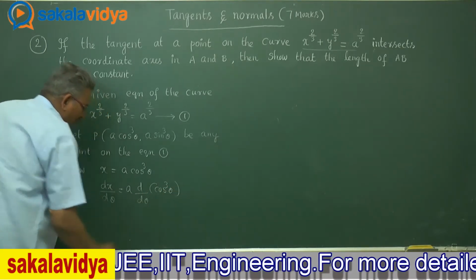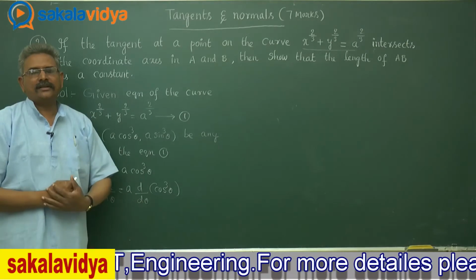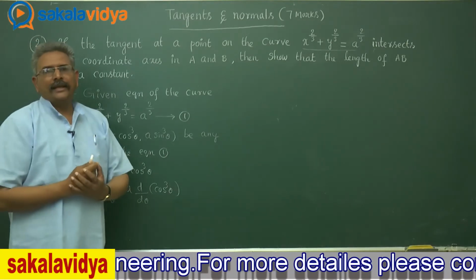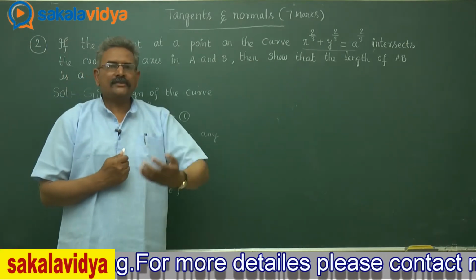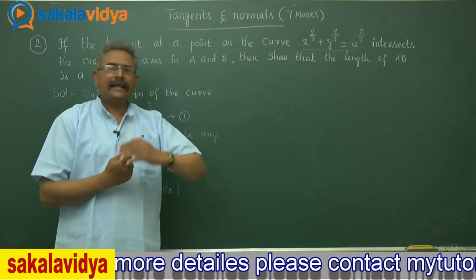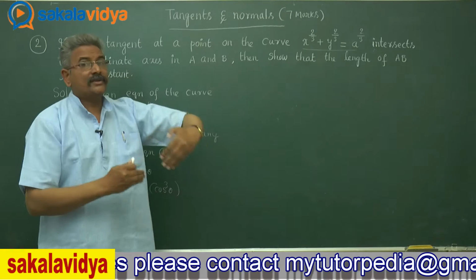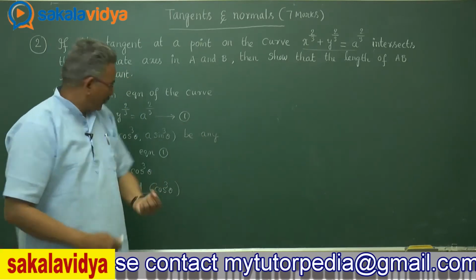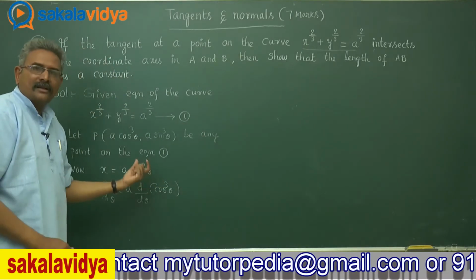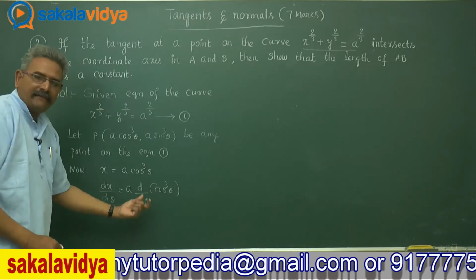Let us find the derivative of cos³θ. Cos³θ is in the form of (cos θ)^n, that means n times (cos θ)^(n-1), and the derivative of cos θ is minus sin θ.